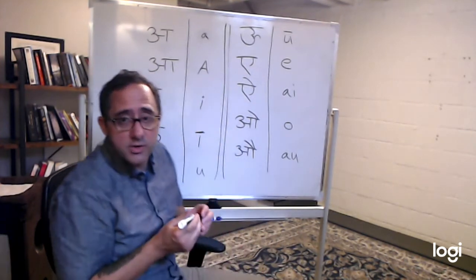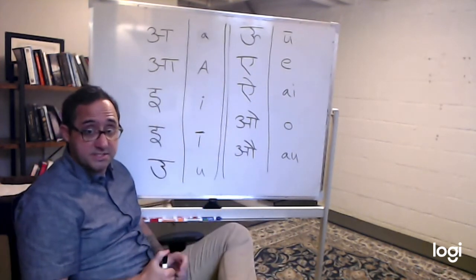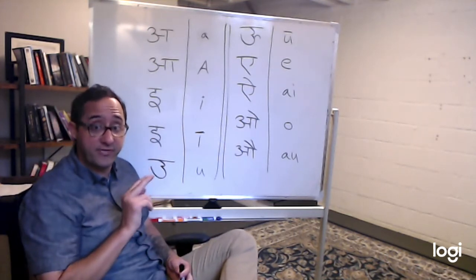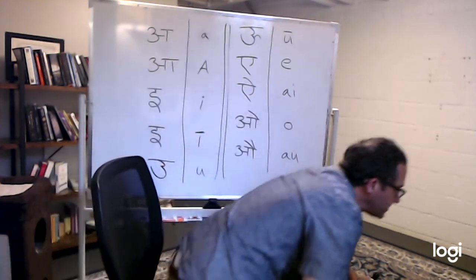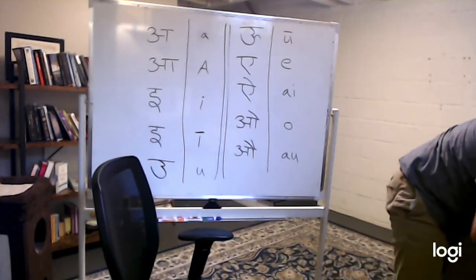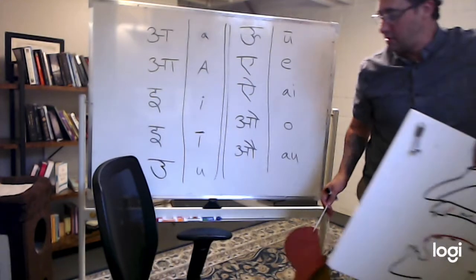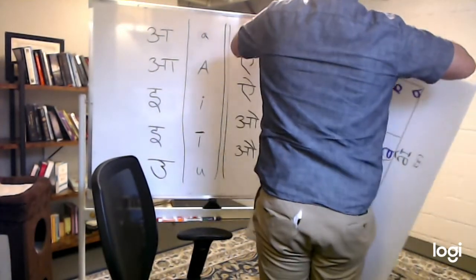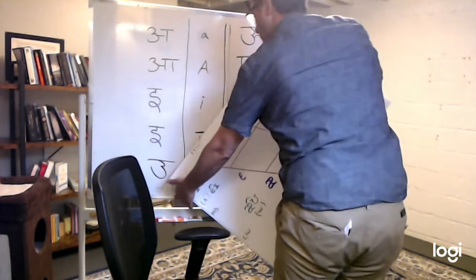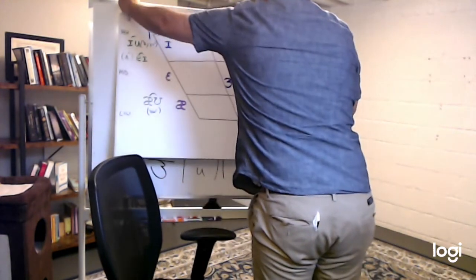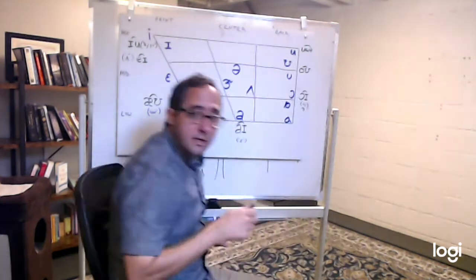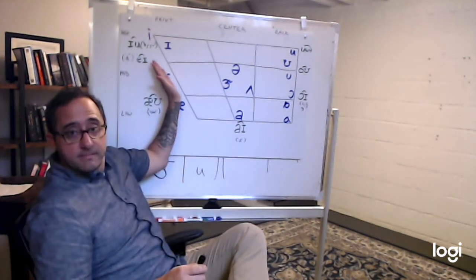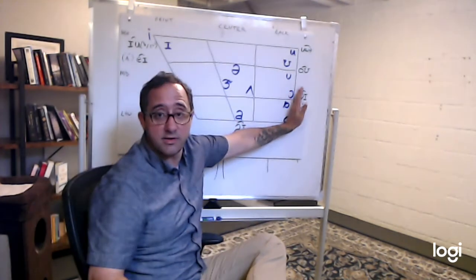But notice that these are pure vowels. Not like English. English has what are called diphthongs. Let me pull up my chart here. So this is the front of the mouth. This is the back of the mouth.